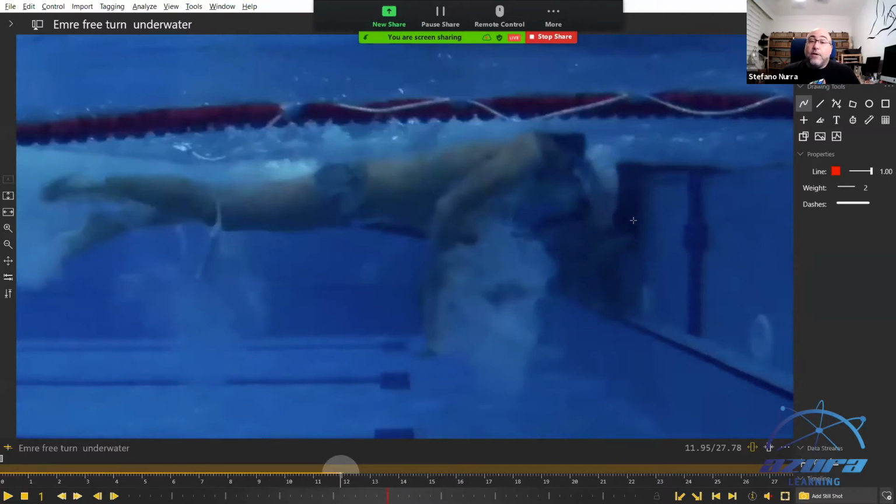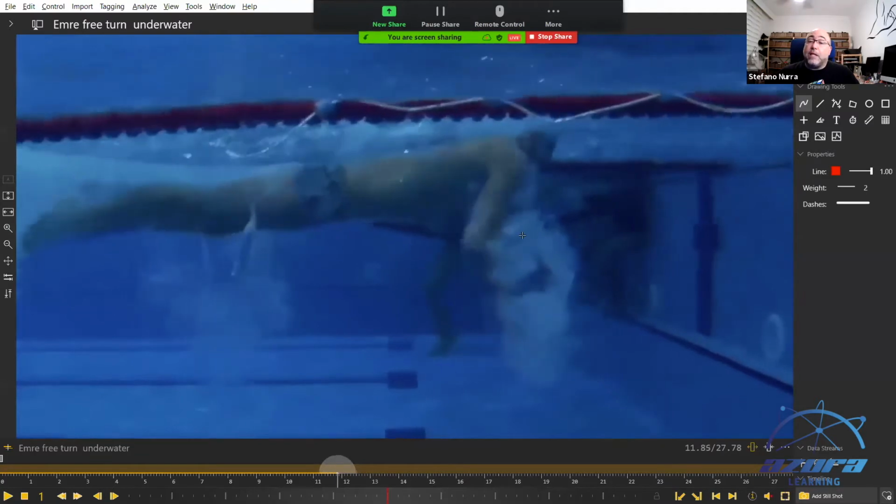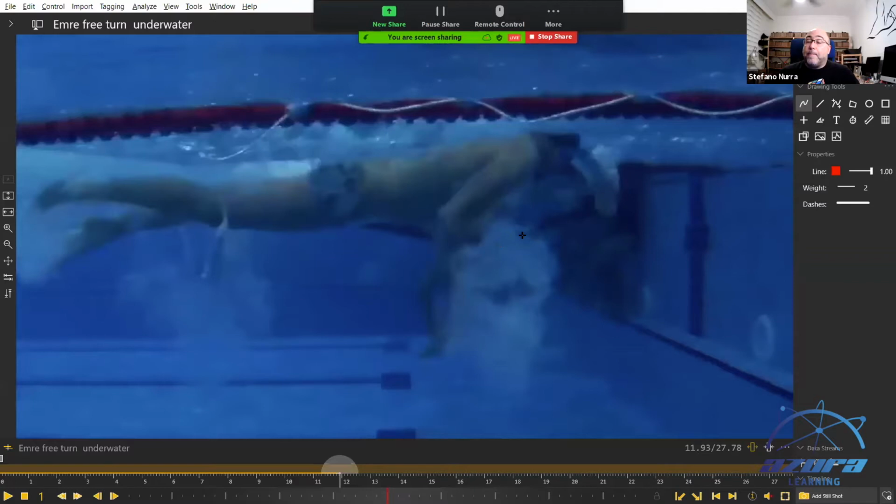For the distance, the speed is absolutely slower, so we can start the rotation a little bit later, when the arm is around this position. So the coordination between the last stroke and the start of rotation is absolutely important. This is one of the first concepts.